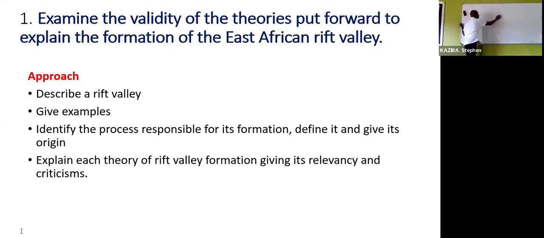If they ask for relief features, you put an upland somewhere there. If they ask for another relief feature, you can put a steep slope, then a gentle slope, then a lowland.